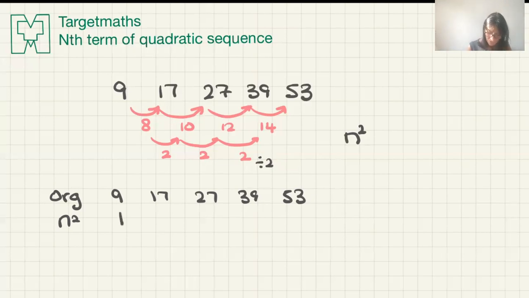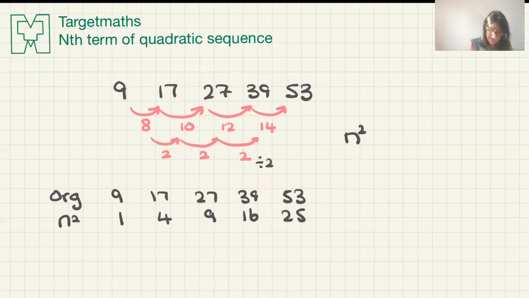So n squared is going to generate 1, 4, 9, 16, and 25. They're certainly not the numbers I want. These are the numbers I want. These are the numbers I'm getting with that rule at this stage. So it's just not enough. It's falling short.